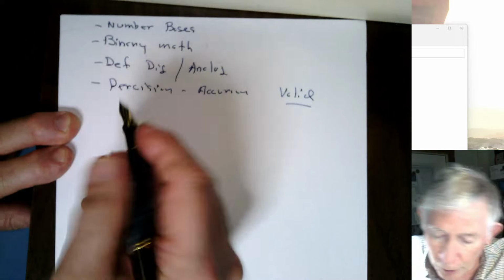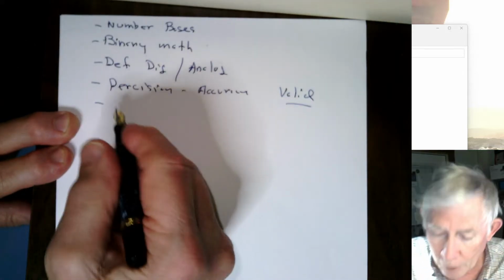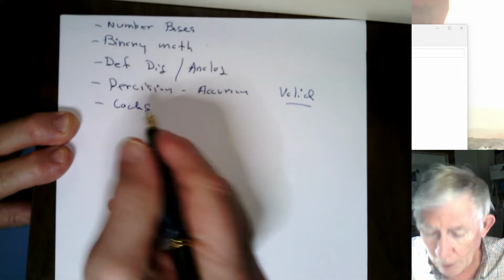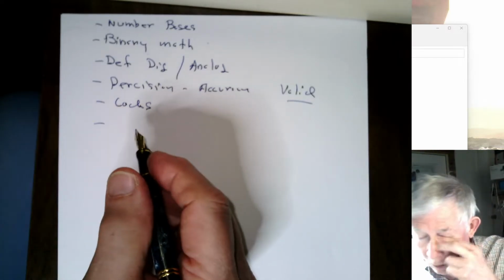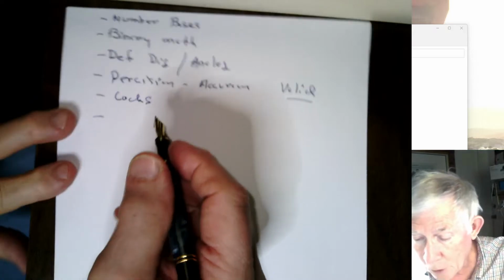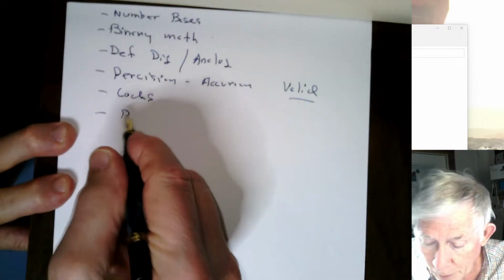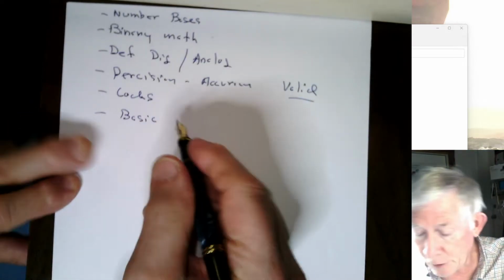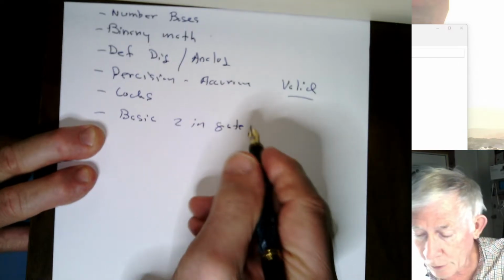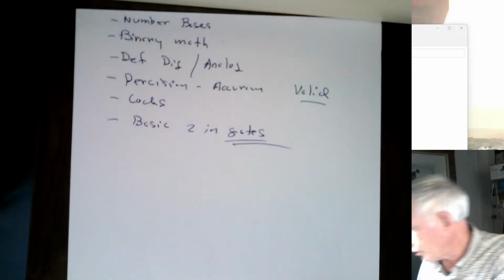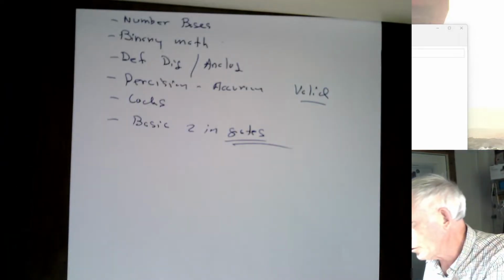We've talked about codes, how we encode information, and we've also talked about the basic two input gates. Now, these gates actually can have any number of inputs, but we've really just defined them for two inputs.